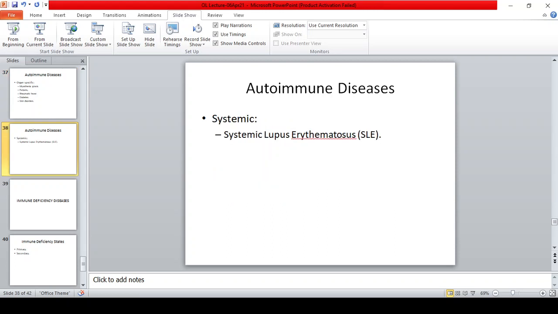An example of the systemic autoimmune disease is systemic lupus erythematosus. In this disorder, autoantibodies are produced against many organs of the body.